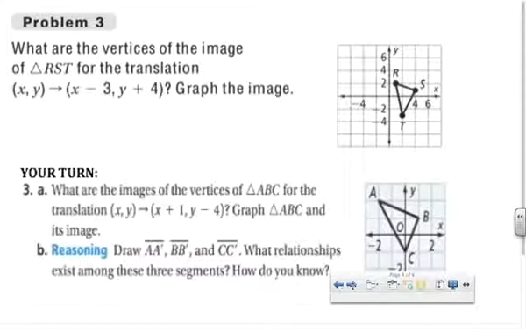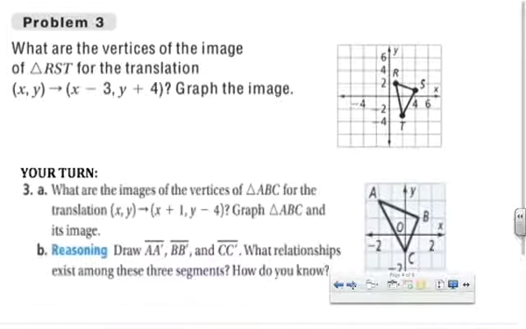Now the instructions say graph the image, and you'll see that instruction also in your homework assignment. You'll notice on the board that I indicated that the diagrams are not required, but some of you may find them helpful. I'm not terribly interested in you being able to graph the new image. I want you to be able to, of course, identify where it is, identify the coordinates of that image.